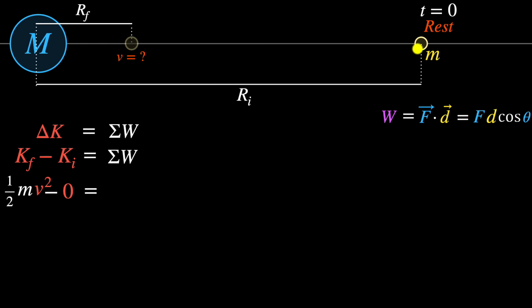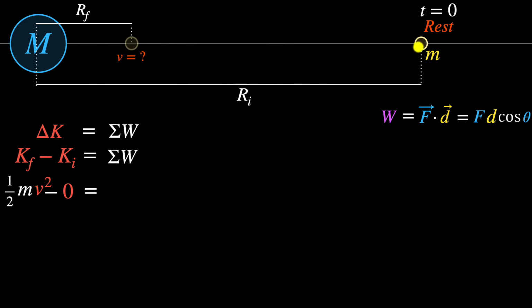But there's only one force acting on our object, right? There is only the force of gravity. So the work done by gravity will be the total work done. And so the main question now for us is, what is the work done by gravity when the mass comes from here to here? So here's my attempt, okay?